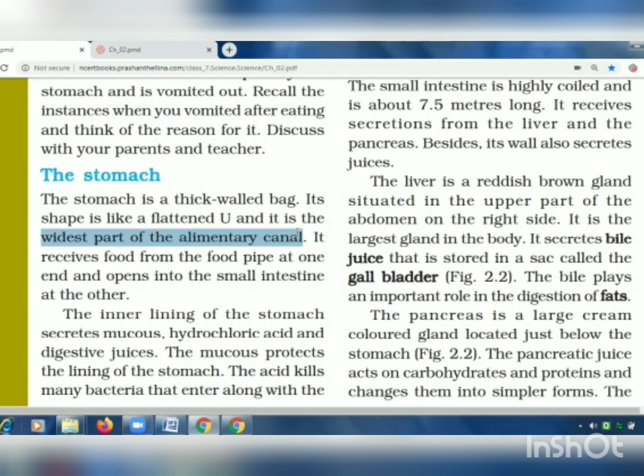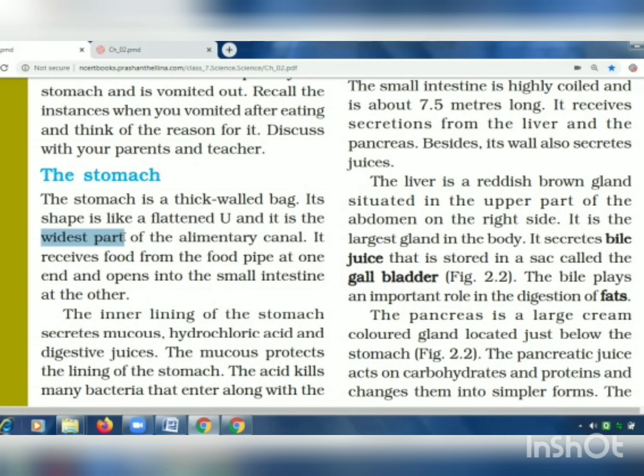So there are so many parts, so many compartments, right? Different compartments are buccal cavity, esophagus, stomach, small intestine, large intestine, rectum, anus. Out of all the compartments of the alimentary canal, the stomach is the widest part.